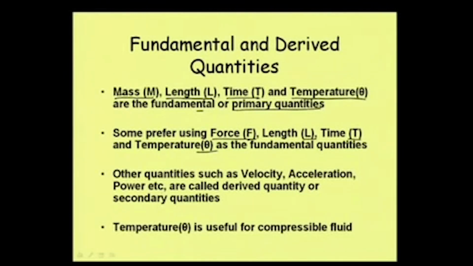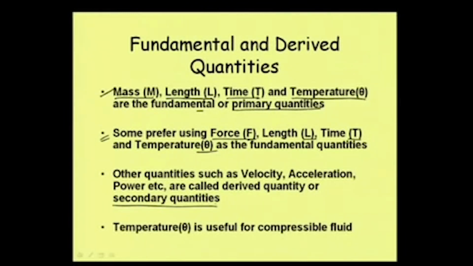Normally we go for the first choice, but some people prefer this one. Other quantities such as velocity, acceleration, power, viscosity, the coefficient of viscosity, all these quantities are called derived quantities or secondary quantities.